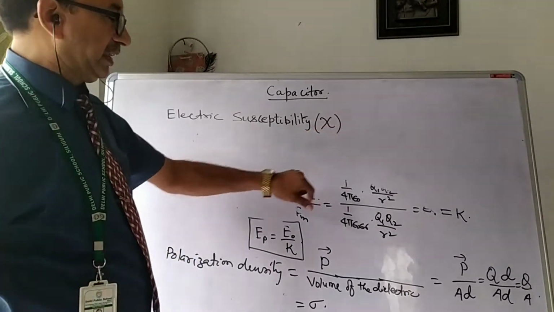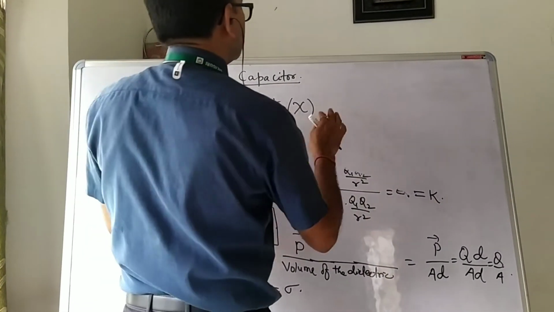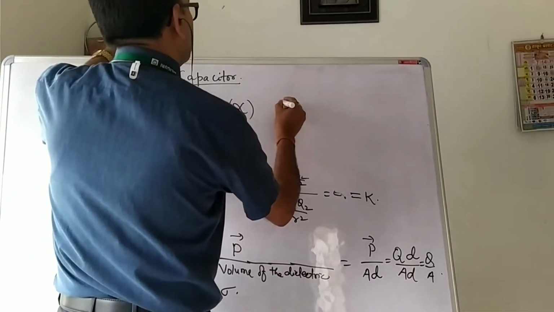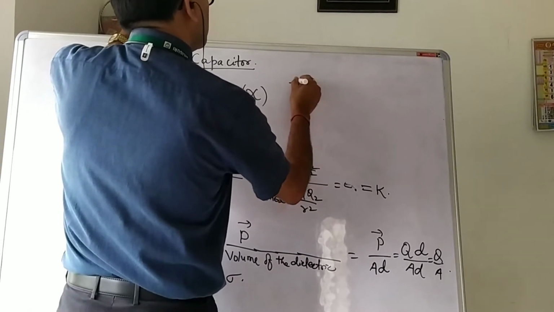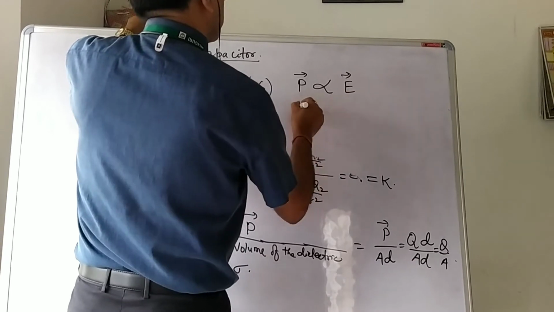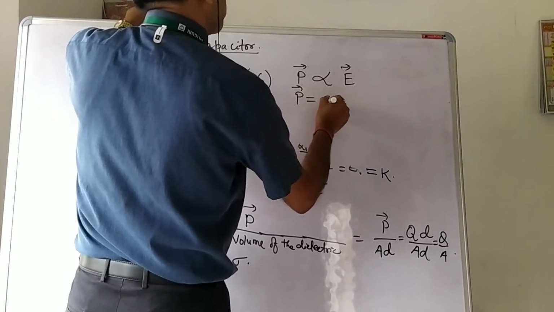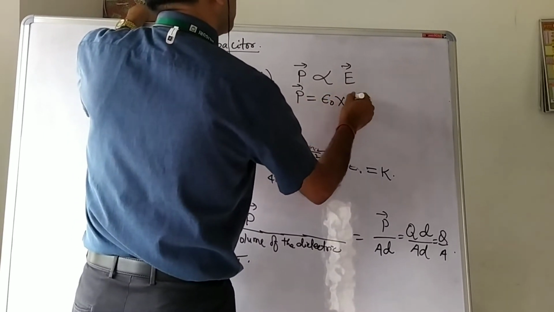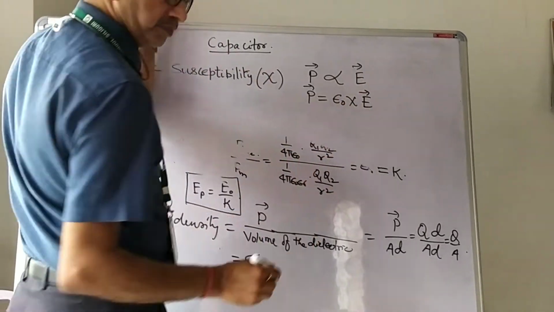So this is chi E. Now with chi E, we find that vector P is proportional to vector E. So P equals epsilon naught chi E vector E.